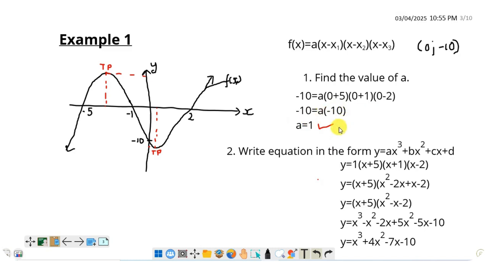Divide both sides by -10 and we get a equals 1. It has to be positive, and yes, it is positive.